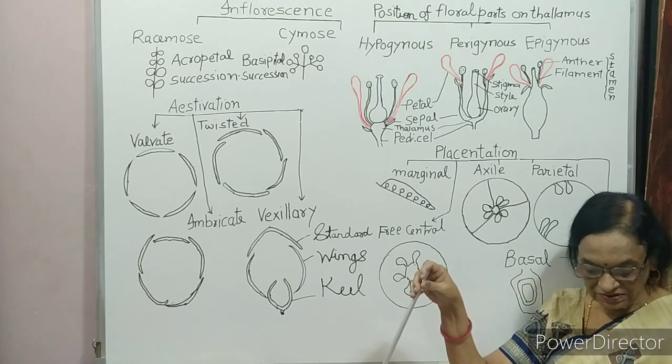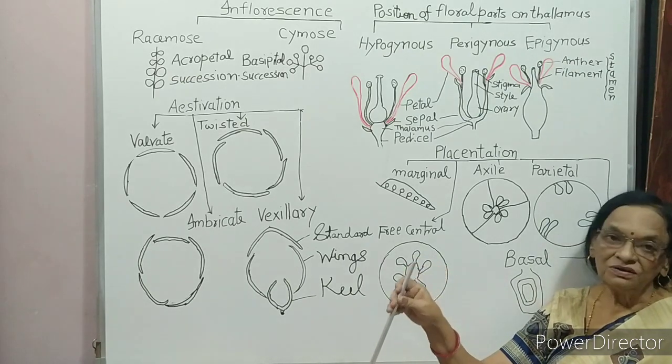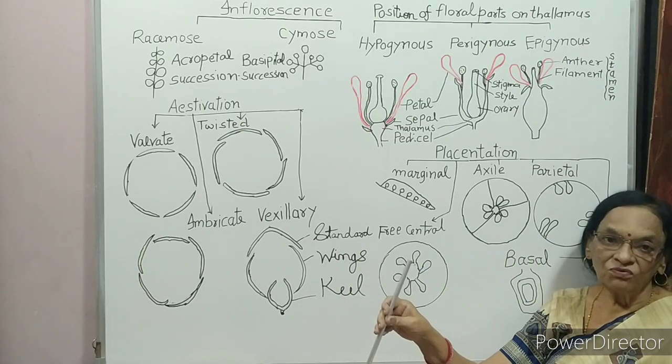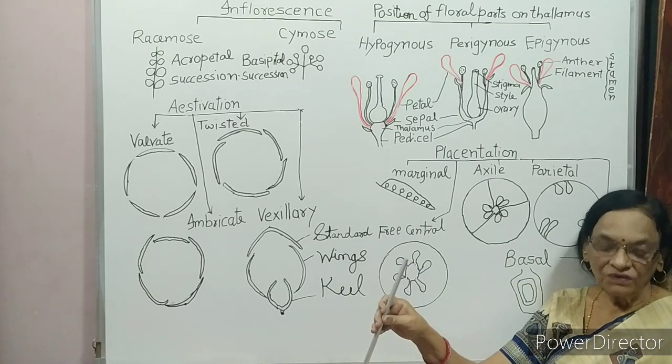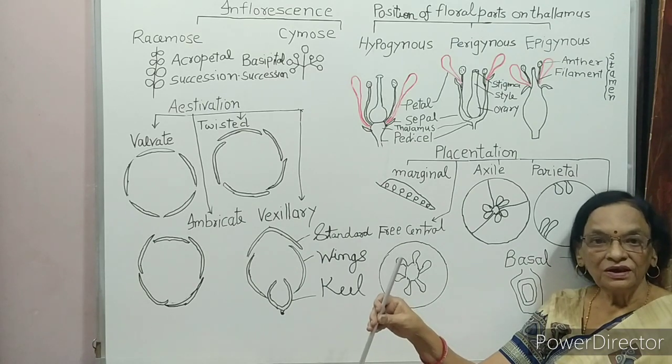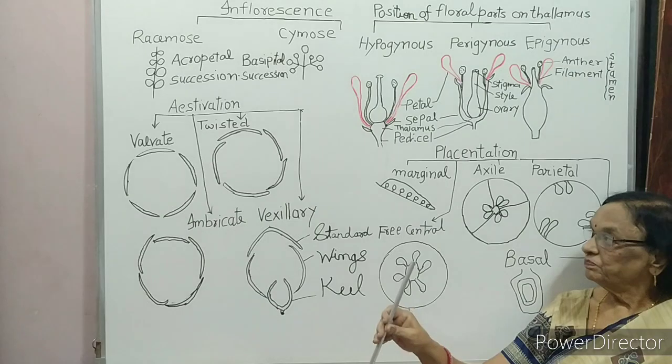And pentamerous means 5. So a flower may have 3, 4 or 5 sepals, petals and stamens. Accordingly, it is called trimerous, tetramerous and pentamerous.